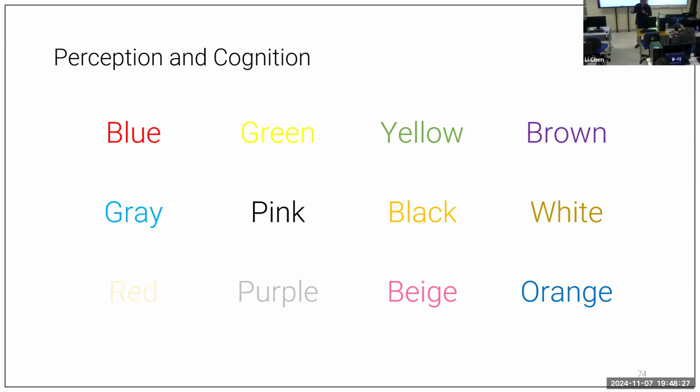Or your brain may be so adapted to this particular sensory stimulation that your brain chose to ignore it, right? So I used the example of the toilet, right? After you spend some time in the toilet, you are so used to the smell, and your brain just forgets about it, right? So yeah, this is about perception and cognition.